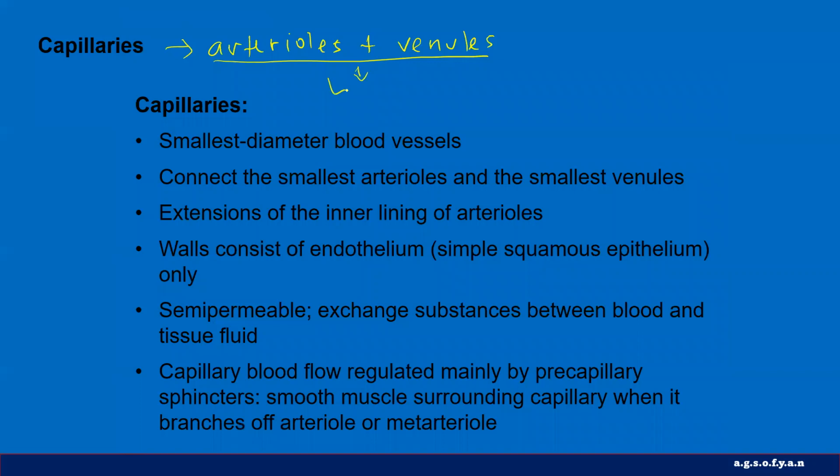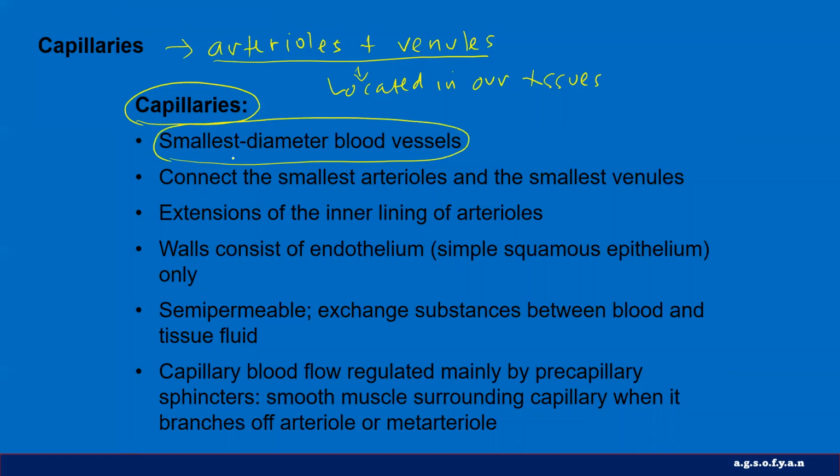And they are located in our tissue. Capillaries are only located in our tissue because this is the place for exchange between the blood vessel and our cells in the tissue. And this is the smallest diameter blood vessel, very, very small.